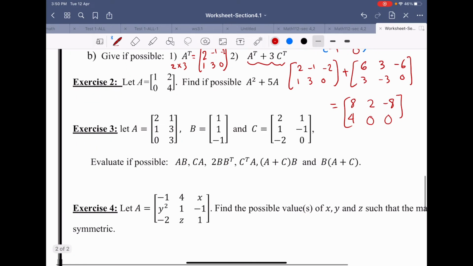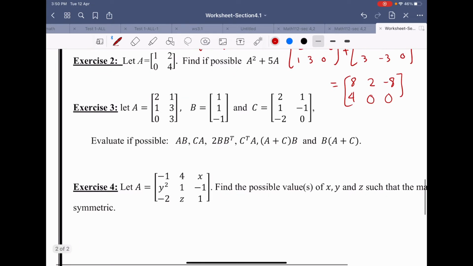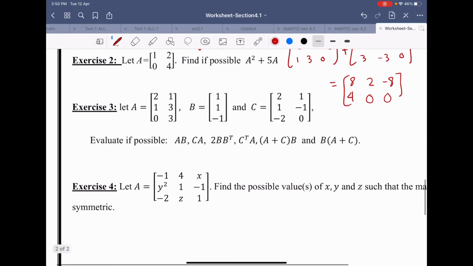Exercise 2. We have matrix A, and the question asks for A squared plus 5A. To find A squared, this means I have to multiply A with itself.